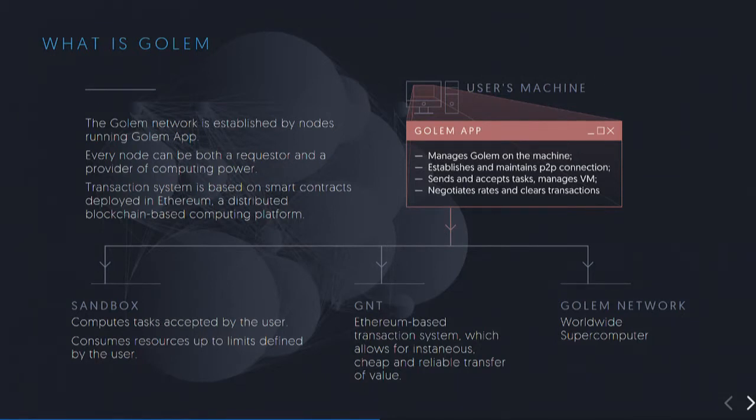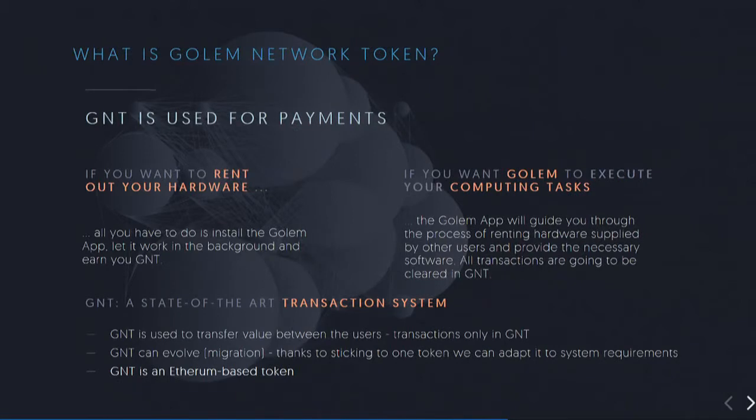And then, of course, all that creates the Golem network, the peer-to-peer network of all the computers running Golem software, where everyone can both contribute to the network, earning GNT thanks to that, but also send tasks to be computed by the network. And this is basically the function of the Golem Network Token. If you want to rent hardware, you just have to set the price at which you want to rent it, and you can earn GNT by that.